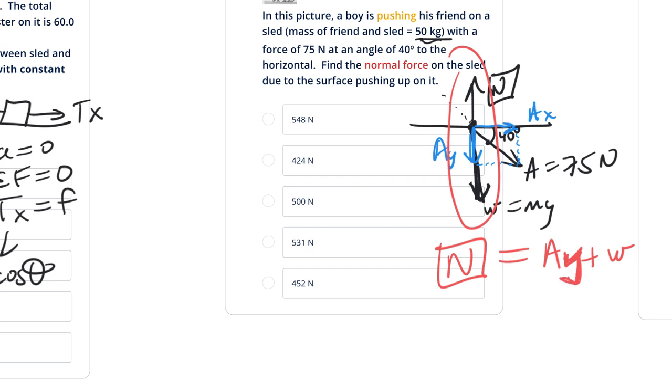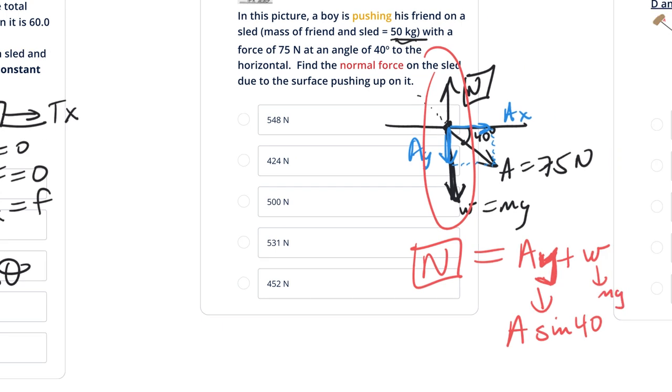So that's all you do. Ay, you should be able to do these by now, equals A times sine of 40. Weight equals mg.